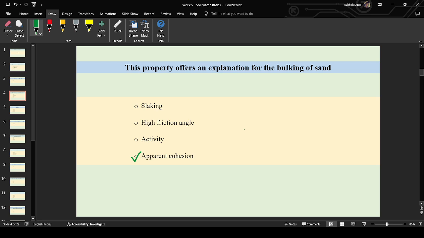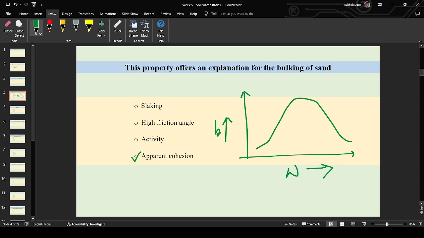When moisture content increases, if you have a graph, this is the bulking percentage, the increment in volume, and this is the moisture content. It increases, like this, which is the bulking of sand. What happens is there are interparticle attractive forces because of the capillary action of water, and they form a honeycomb type of structure.